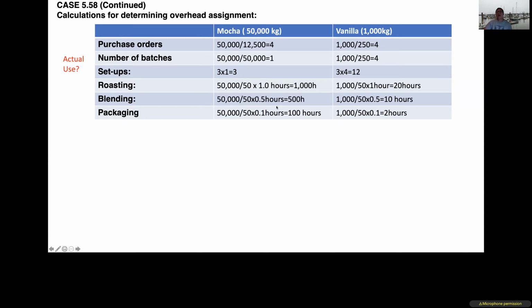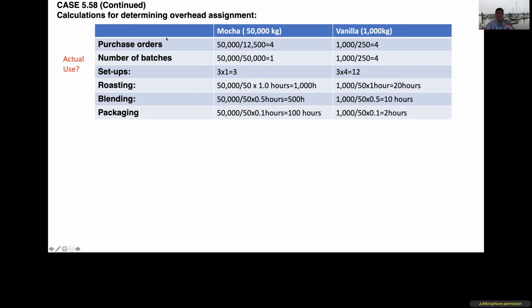Using a similar idea, you can figure out that to manufacture 1,000 kilograms of vanilla, you need 4 purchase orders, 4 batches, 12 machinery setups, 20 roasting hours, 10 blending hours, and 2 packaging hours.